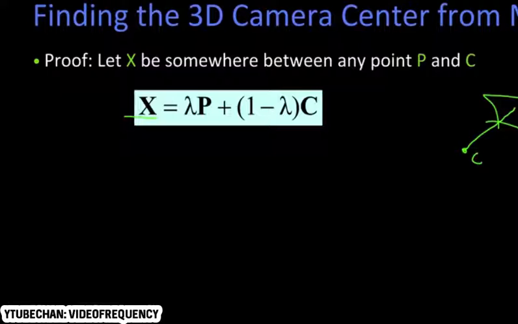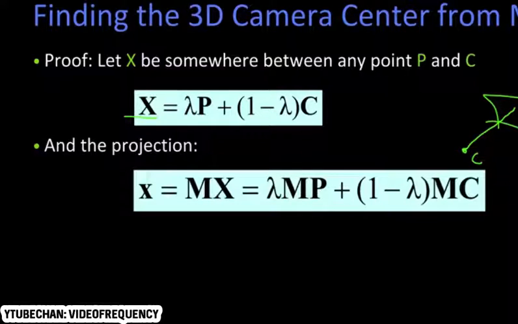So that's all that this equation says, that X is equal to something that's a blend between P and C. Lambda times P plus 1 minus lambda times C. So given some M, that's the camera, the projection of X is just MX, and just by linear algebra, that projection is just lambda MP plus 1 minus lambda MC.